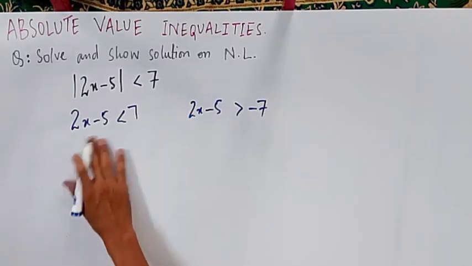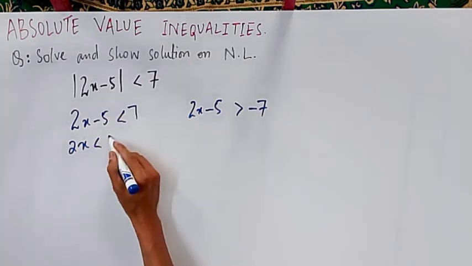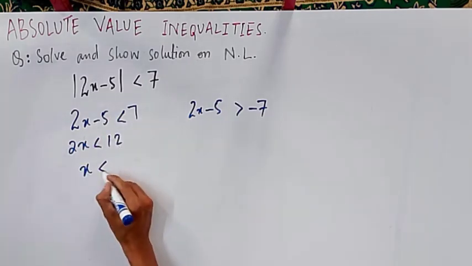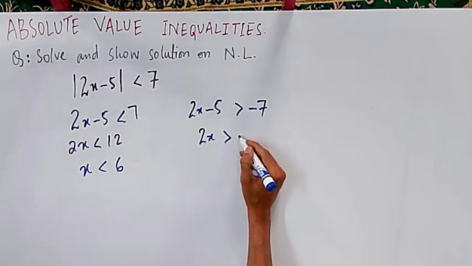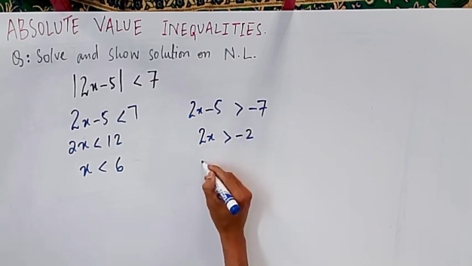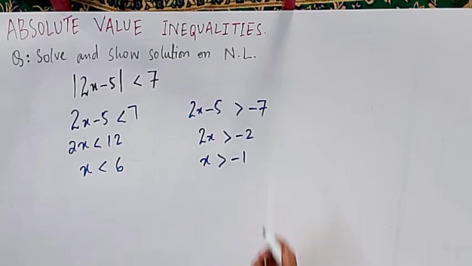Now solve one by one. So 2x less than 12, as minus 5 goes there, so x less than 6. And here, minus 5 will go there, so it will be minus 7, so x greater than minus 7 upon 2.